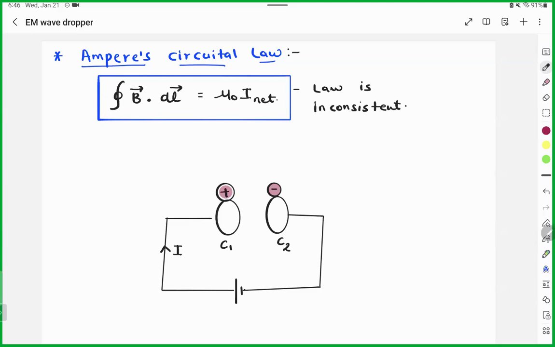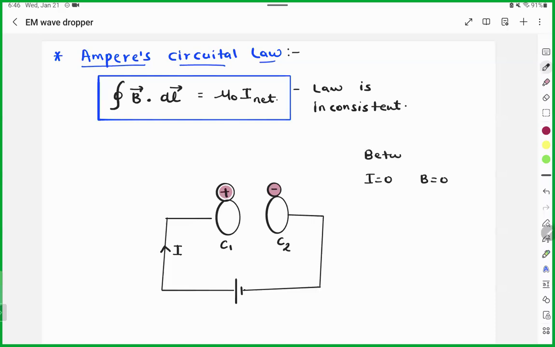But between the two capacitor plates, there is no charge, no current, nothing. Current should be zero, but that's not so. Logically, current should be zero between the plates. Magnetic field should be zero between the plates.